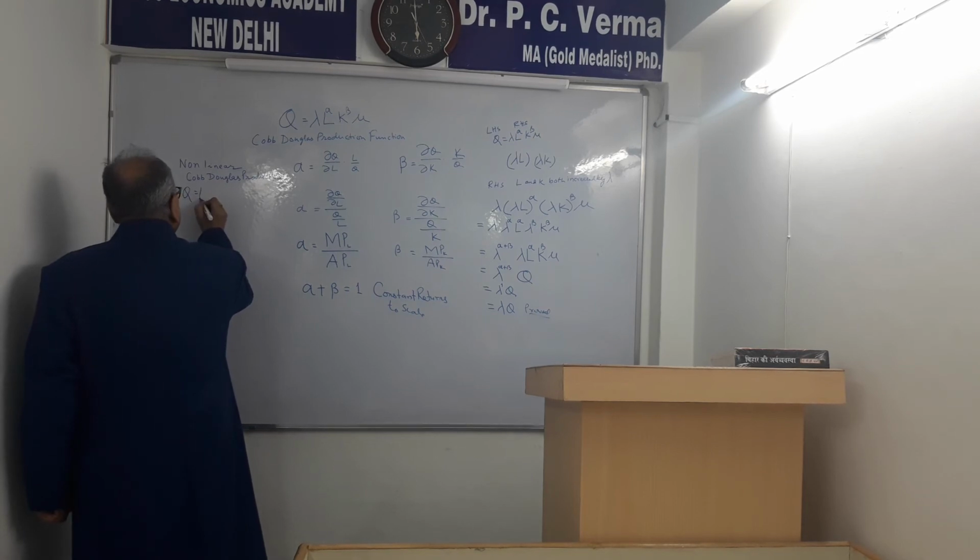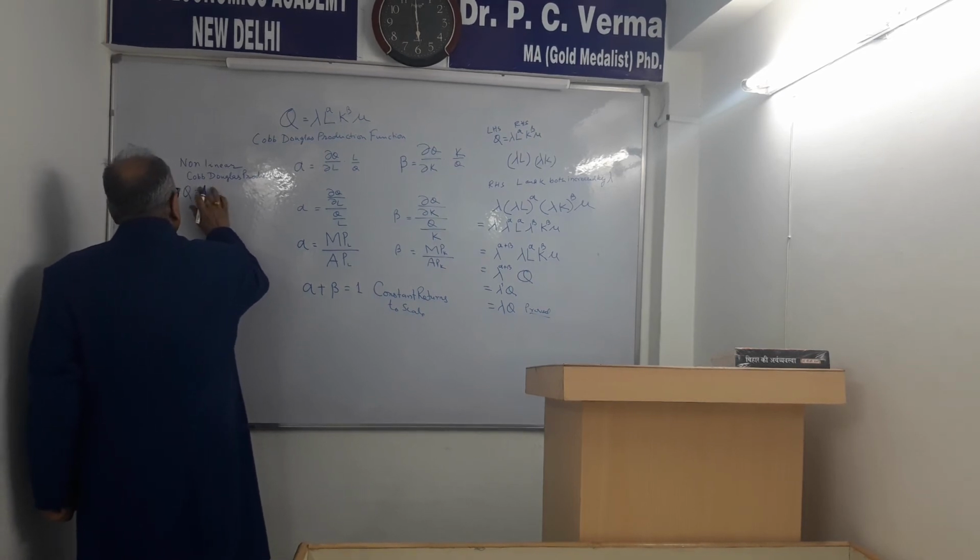Q is a function: Q is equal to mu L alpha K beta.